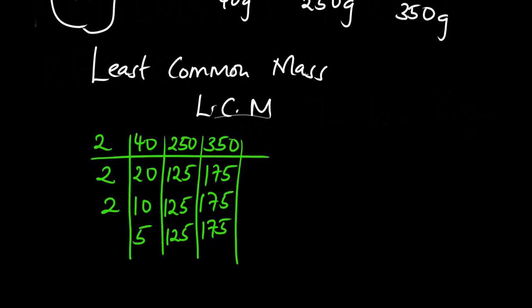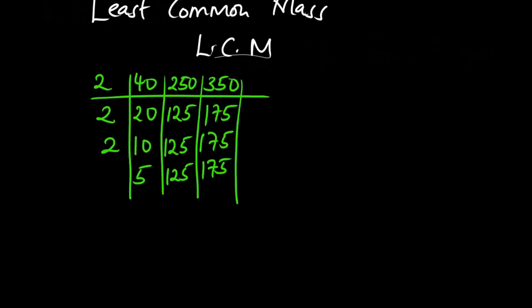So we can now move on to the next prime number, that is 3, since none of these is divisible by 2 any further. So we can move to 3 and check whether 3 is divisible by any of them.